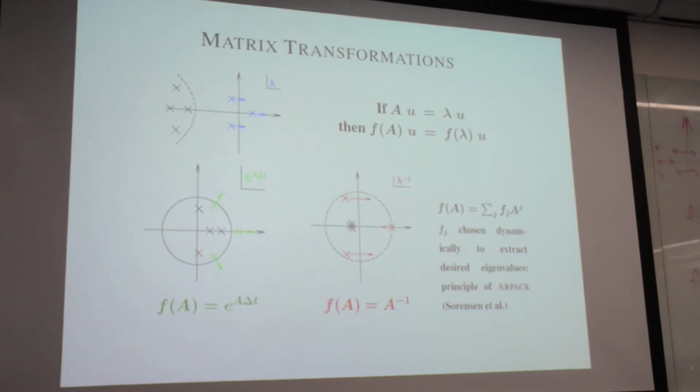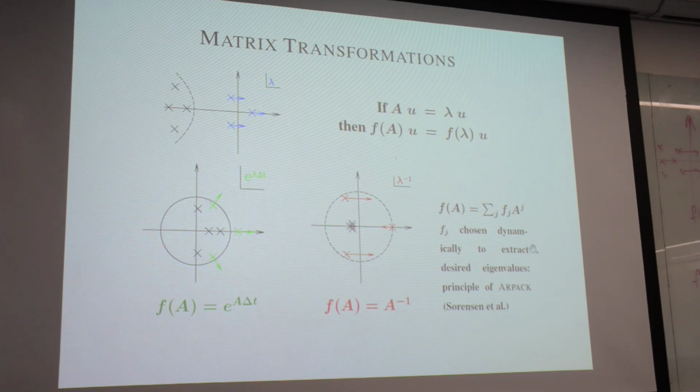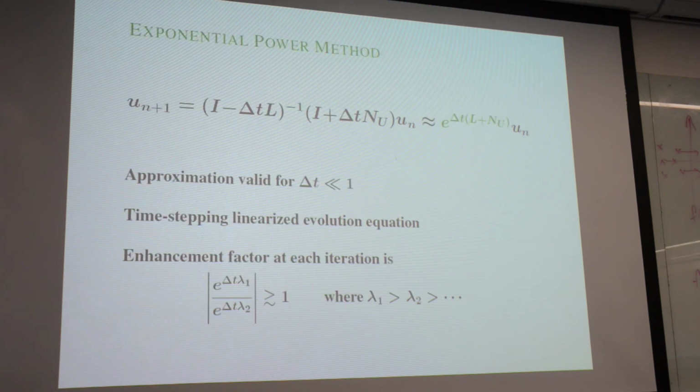Many people have heard of ARPACK, or no? What ARPACK does is effectively, it takes a function which is a polynomial of the matrix. And you might say, how does it know what to do? Well, it does it dynamically. It chooses the polynomial based on what it learns about the matrix as it goes along. It chooses the coefficients in some clever way to aim the spectrum the right way.